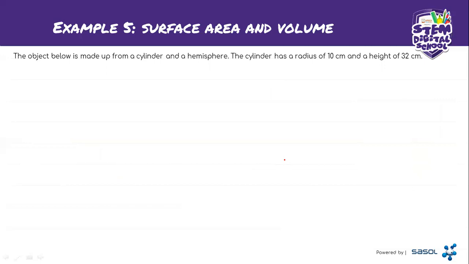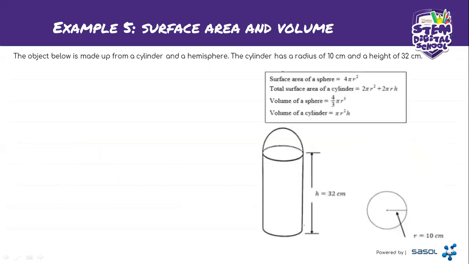The object below is made up of a cylinder and a hemisphere. The cylinder has a radius of 10 centimeter and a height of 32 centimeter.